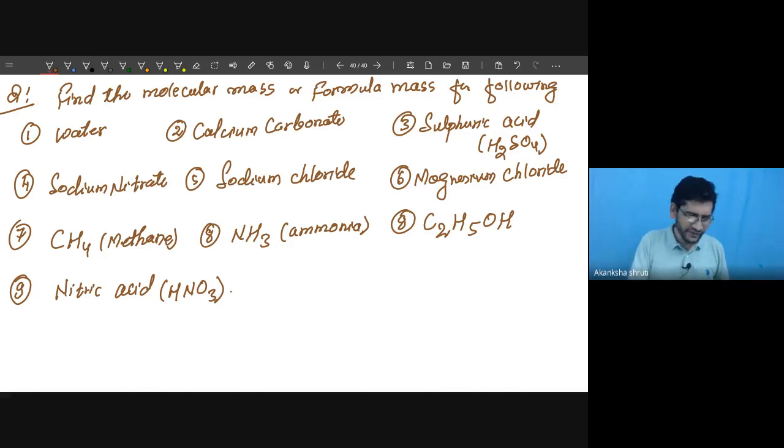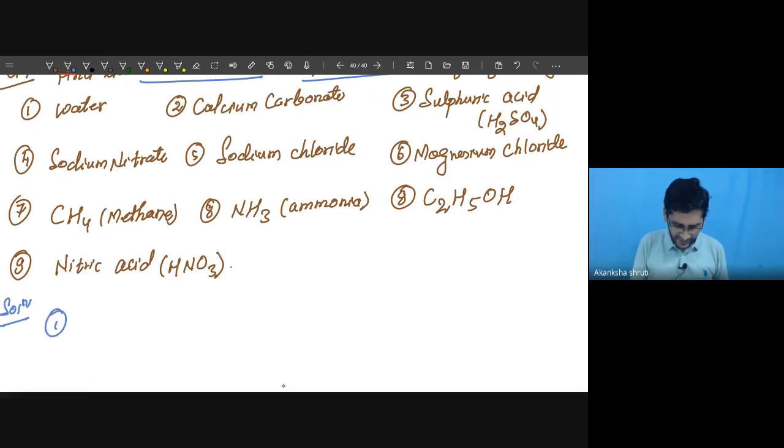Students, here we want to calculate the molecular mass or formula mass. First we need to write the compound in the form of its molecular formula, then we have to calculate its mass. Let us take one by one. Considering water, we have learned that the molecular mass of one atom or one molecule is given in AMU, or atomic mass unit, as u.